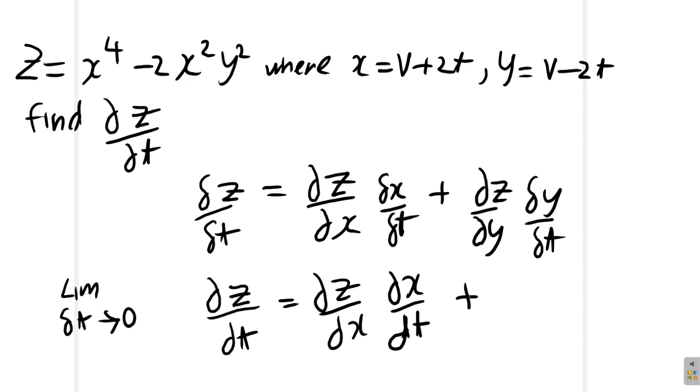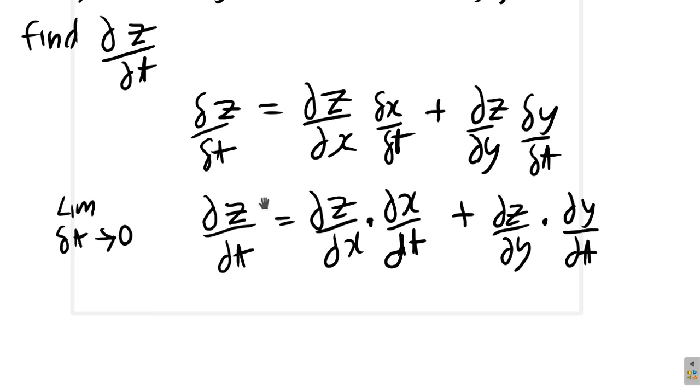I said time. Usually it is representing time, but we were not told that in this question, so let's keep it as t. Alright? And this plus the partial derivative of z with respect to y, you put a dot there to show multiply, times the partial derivative of y with respect to t.